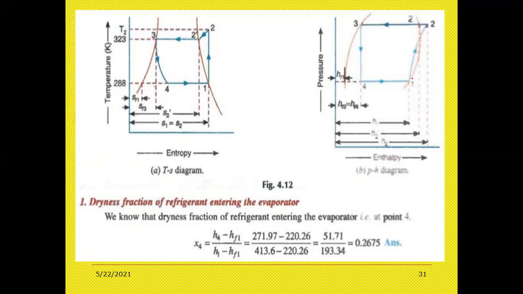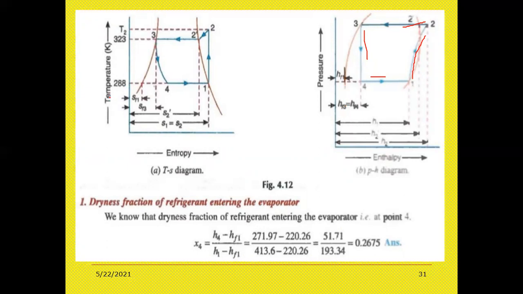Here the processes are 1 to 2, 2 to 3, 3 to 4, 4 to 1. From 1 you have H1, from 2 you have H2, from 2 dash you have H2 dash. Next, from 4 you have HF3.